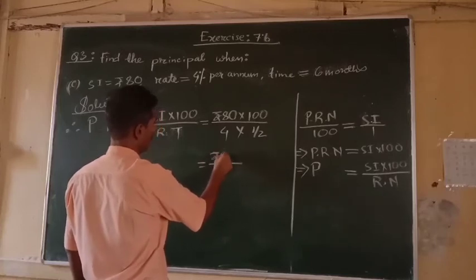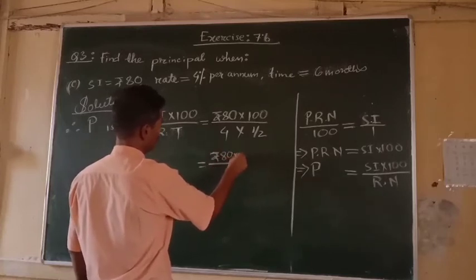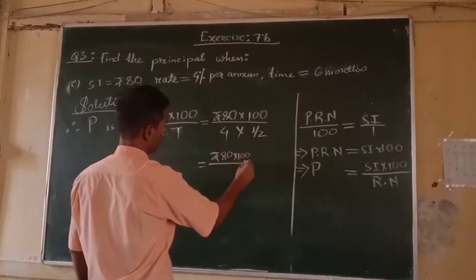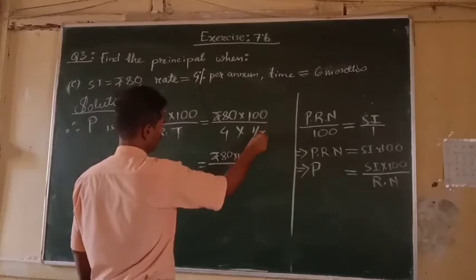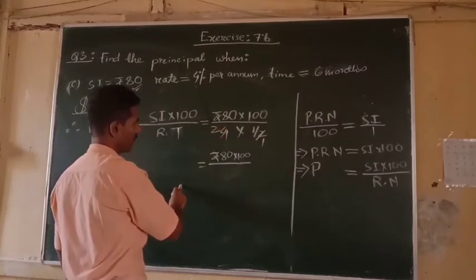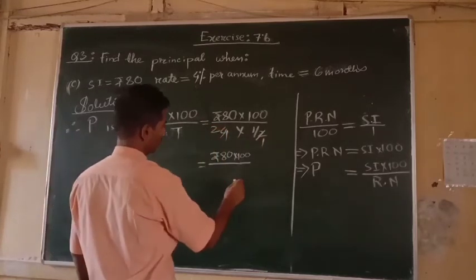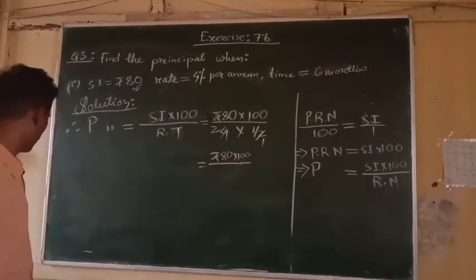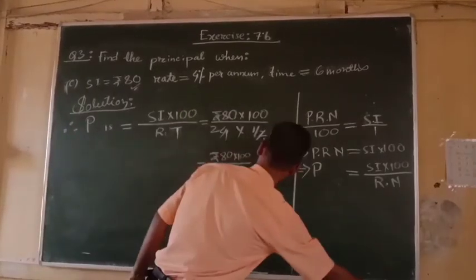All right, now in the following step, you see rupees 80 into 100 divided by, or you can do it here also, 2 times 1 is 2, 2 times 2 is 4, here remaining 2. No need to write one more step, directly you can do it here itself.